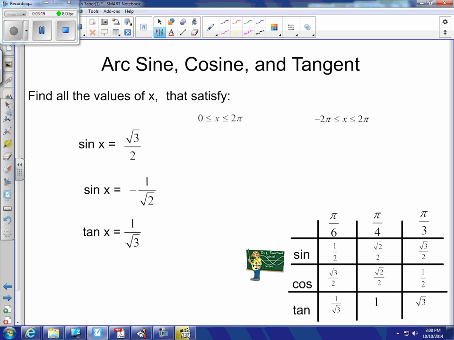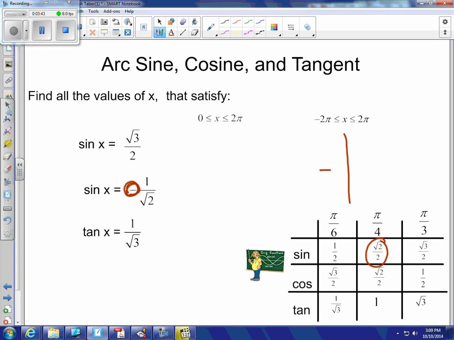Now, let's do sine of x equals negative 1 over square root of 2. Well, what angle will give us negative 1 over square root of 2? We know pi over 4 is going to give us square root 2 over 2, or 1 over square root of 2. But we need this to be negative.